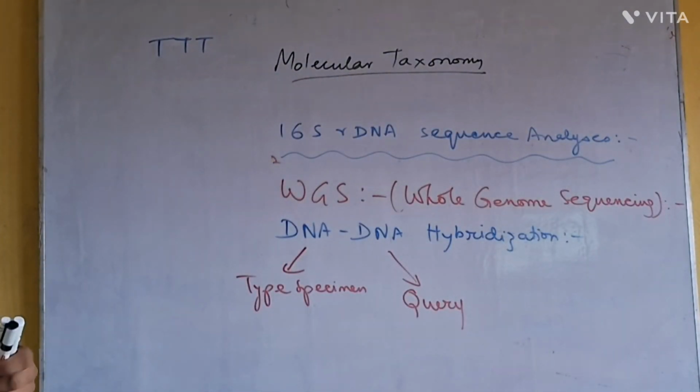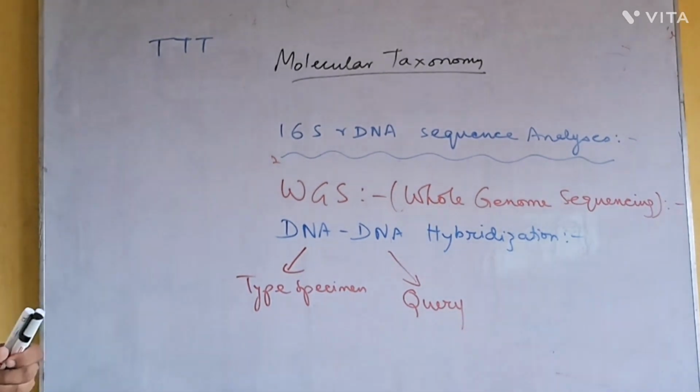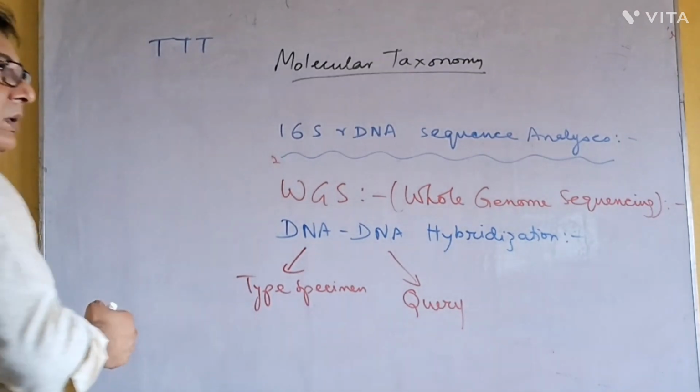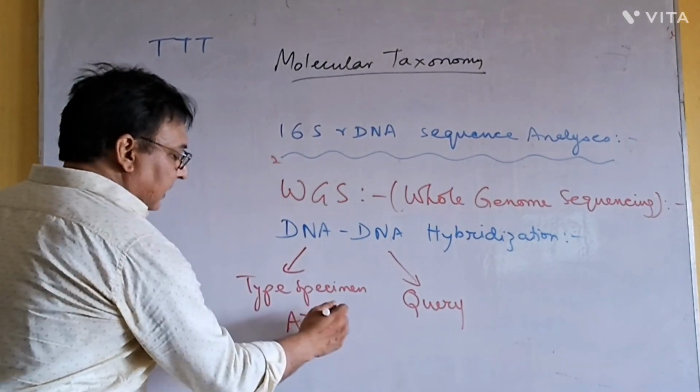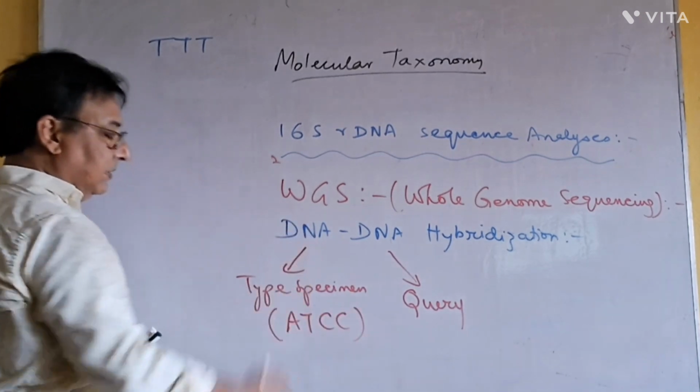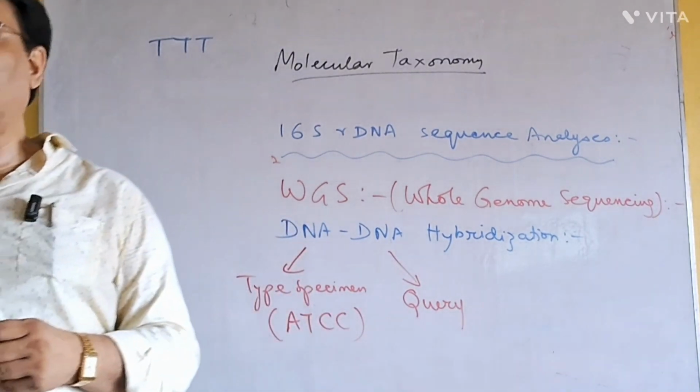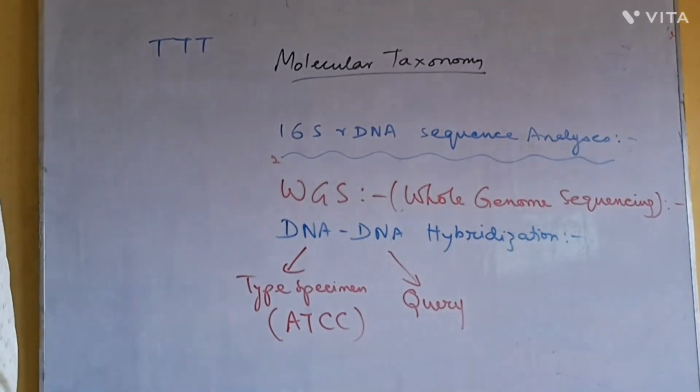Where will you get the specimen from? You will get the specimen from certain banks. Certain organism banks are there. Culture collection centers like the ATCC, American Type Culture Collection. This is one of the largest, I think the largest one.